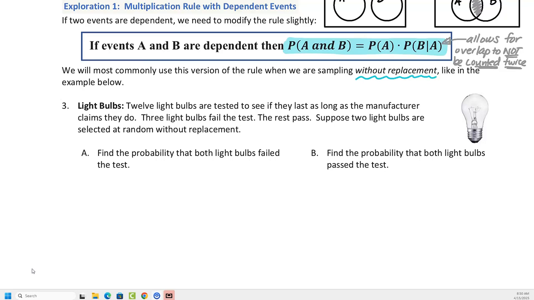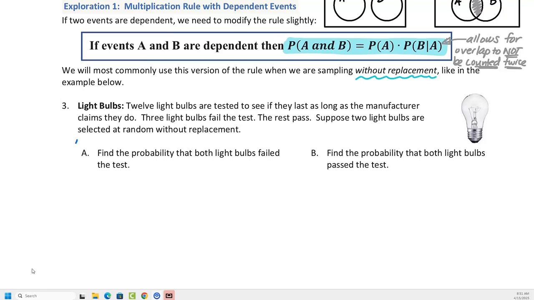It says here, light bulbs. 12 light bulbs are tested to see if they last as long as the manufacturer claims they do. 3 light bulbs fail the test. The rest pass. Suppose 2 light bulbs are selected at random without replacement.